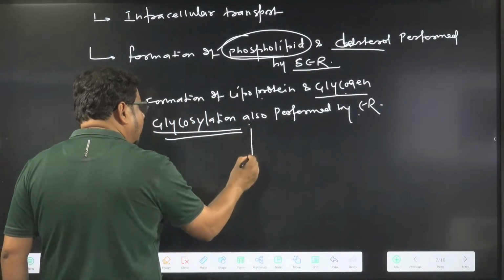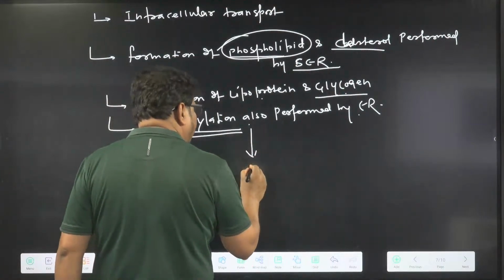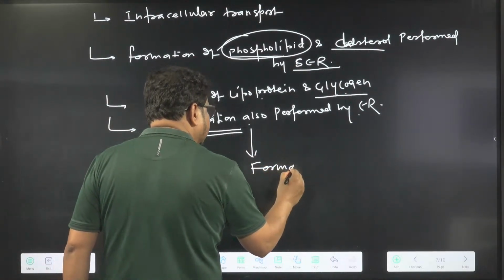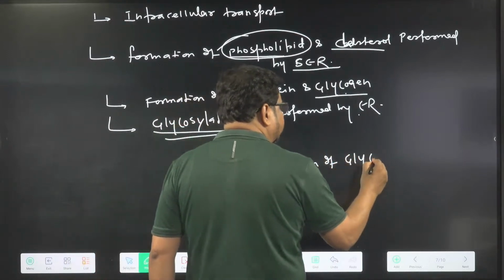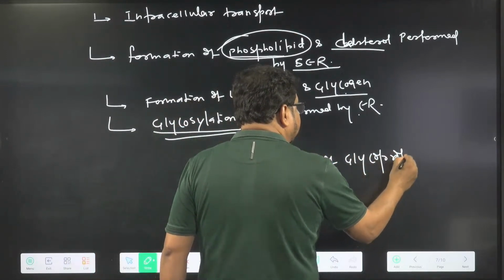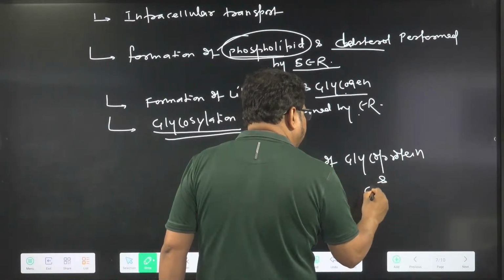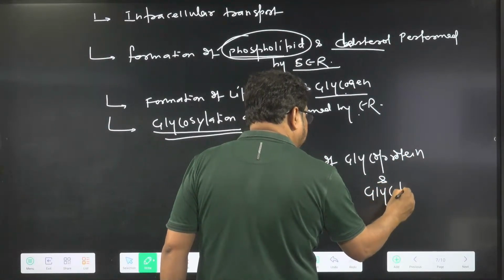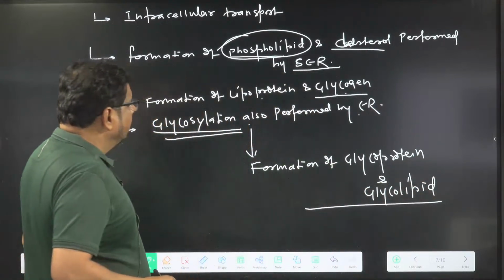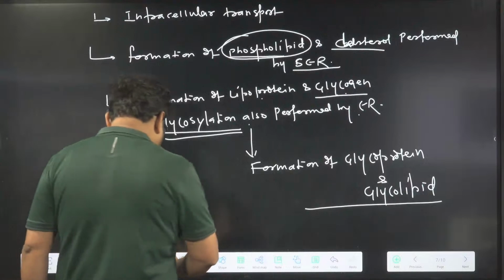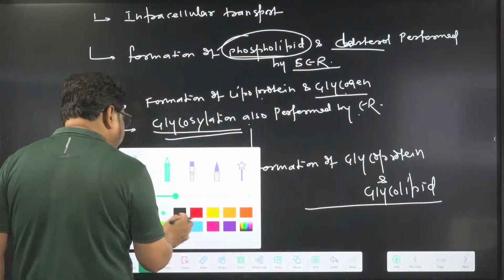During glycosylation, what happens? Formation of glycoprotein and glycolipid. And what I am telling you, try to understand carefully.